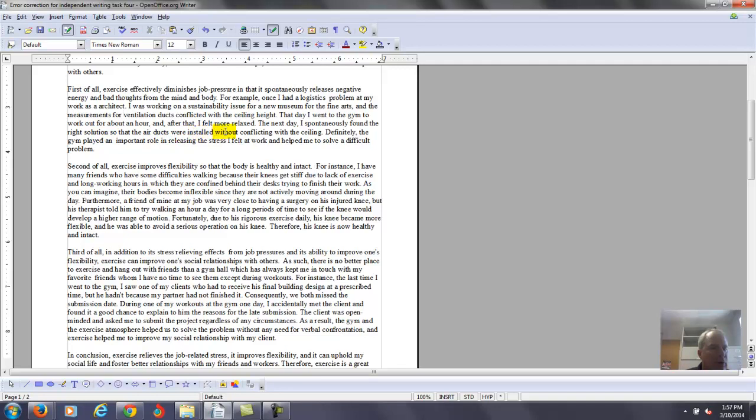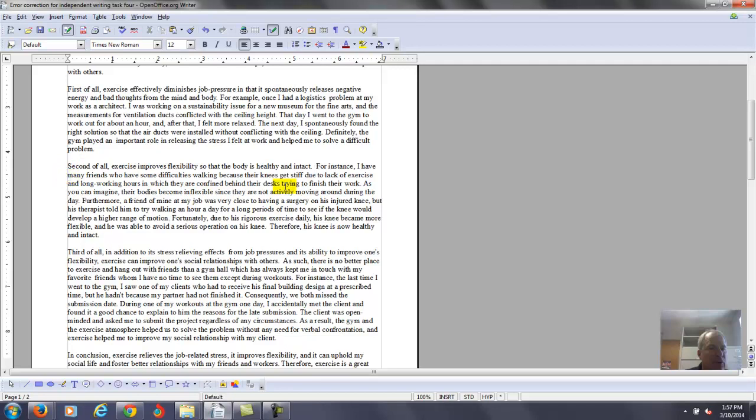For instance, I have many friends who have some difficulties walking because their knees get stiff due to a lack of exercise and long working hours in which they are confined behind their desks trying to finish their work. As you can imagine, their bodies become inflexible since they're not actively moving around during the day.